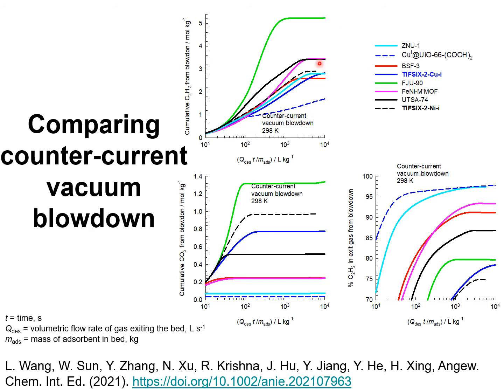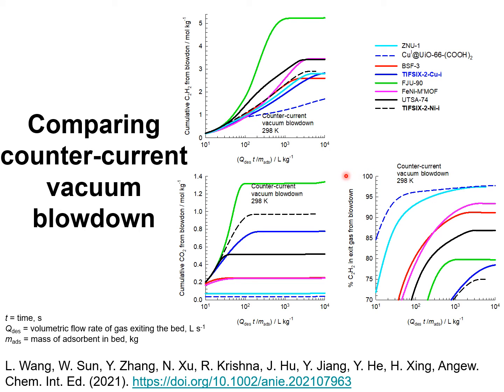But the problem is that FJU90 also recovers a concomitantly large amount of CO2. The amount of CO2 recovered is the lowest with these two MOFs that practically reject CO2 into the gas phase. But these two MOFs do not have productivities of C2H2 that are comparable with that of FJU90.